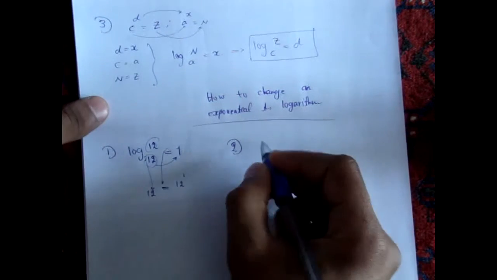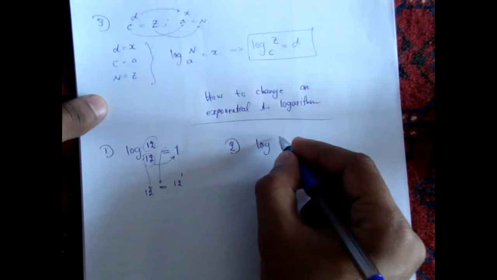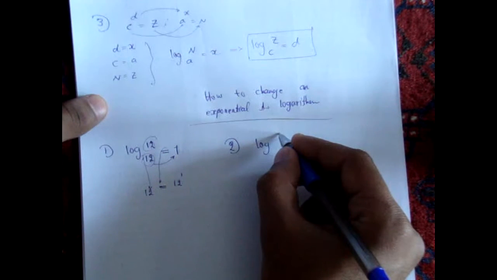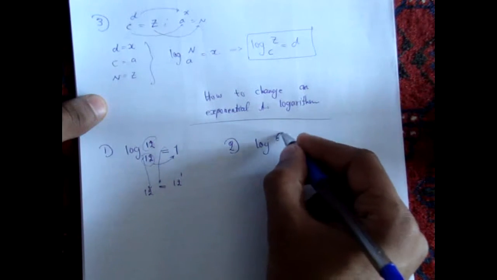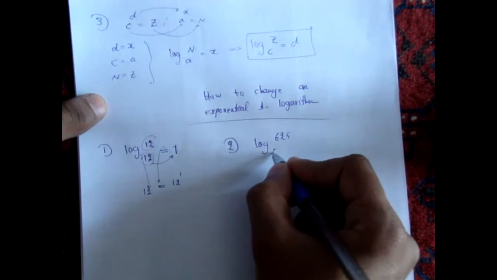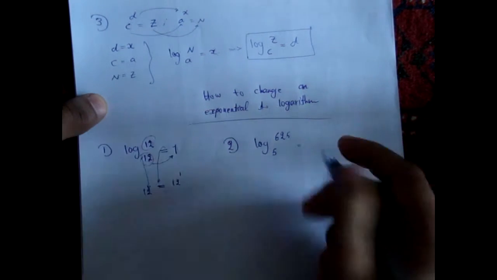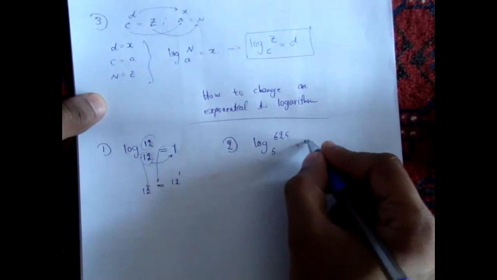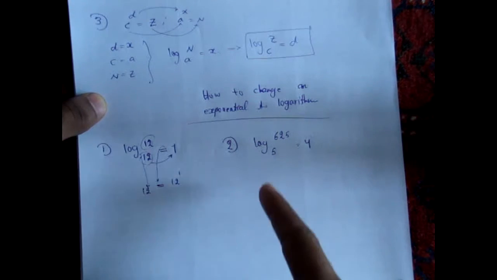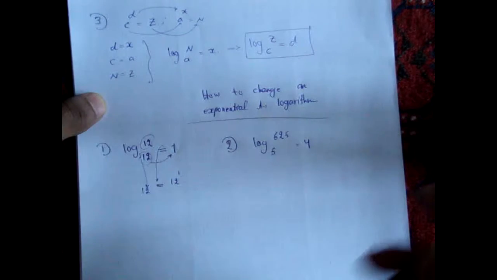Second example, if I have the logarithm base 5 of 625 is equal to 4, and I want to change this logarithmic type to the exponential type.